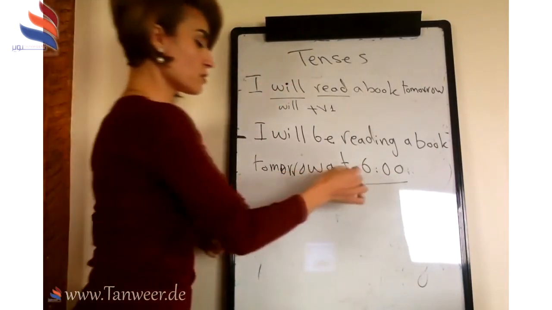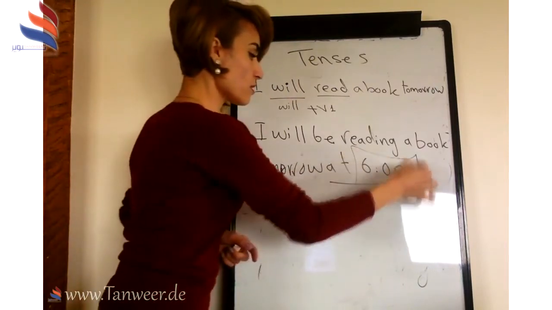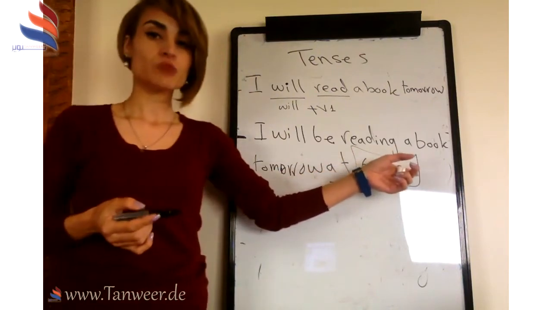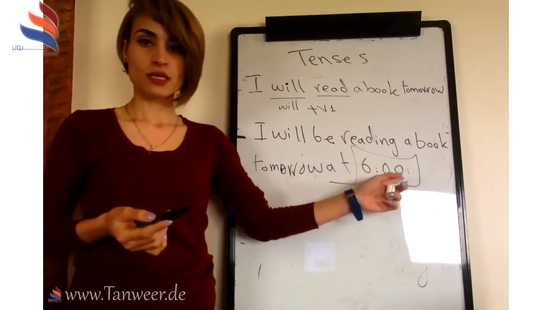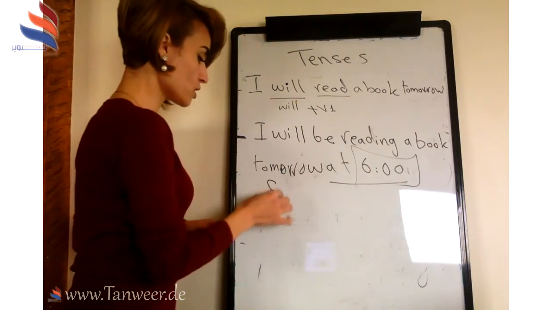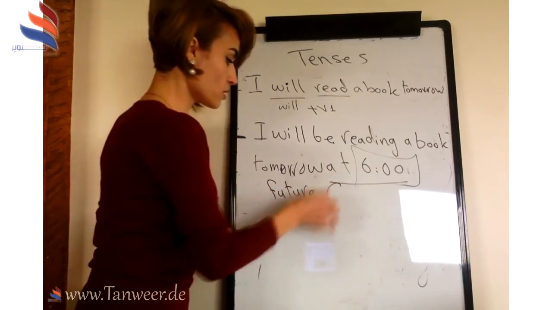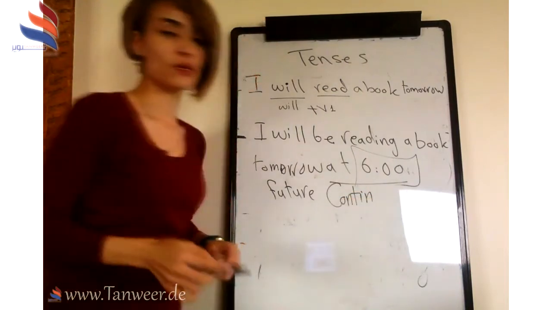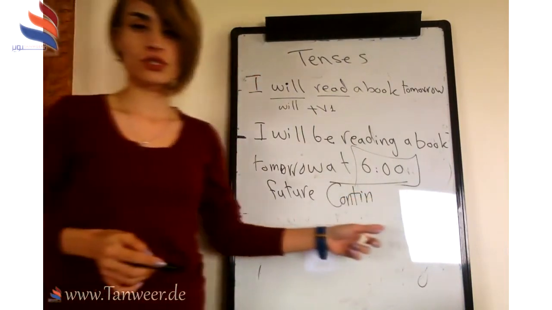So tomorrow at 6 o'clock, the action will be happening, okay? It will be in progress at this time. So this is what we call future continuous, okay? This is what we call future continuous.